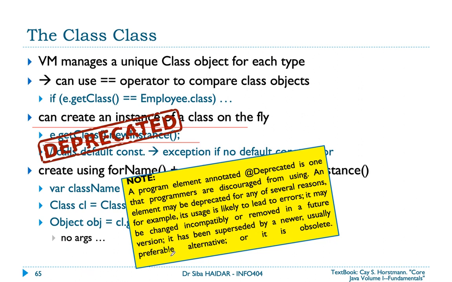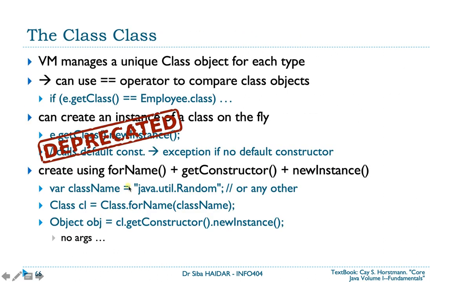So what is the alternative? It is the method forName, getConstructor plus newInstance. How? Like the following: var name, you get, for example, the string representing the class, and then you invoke the forName method. So you get the class representing this string, so you return an object of type Class representing the class for the string.